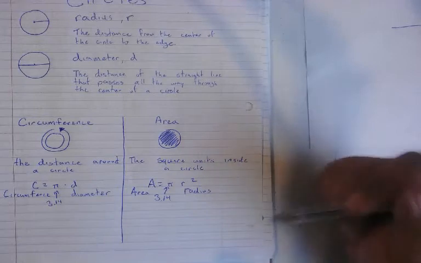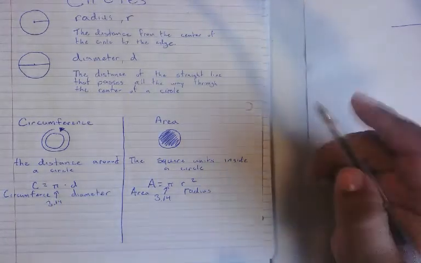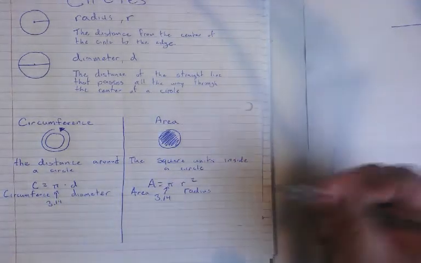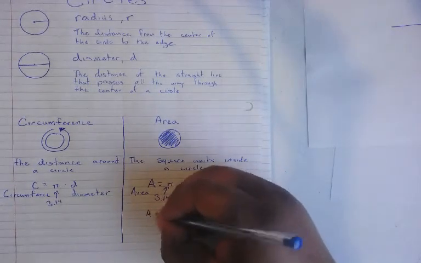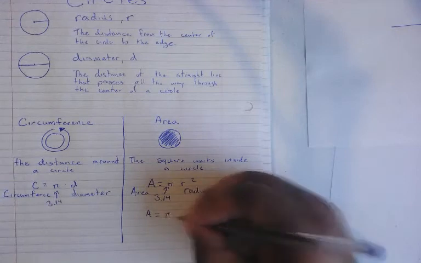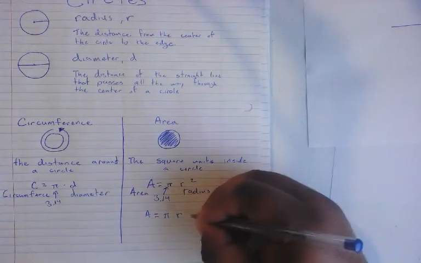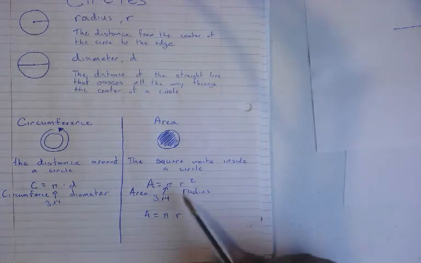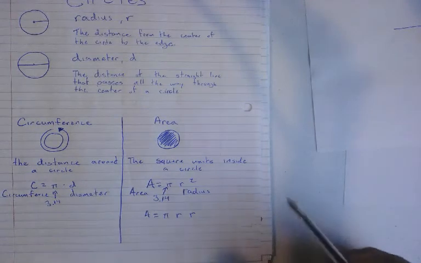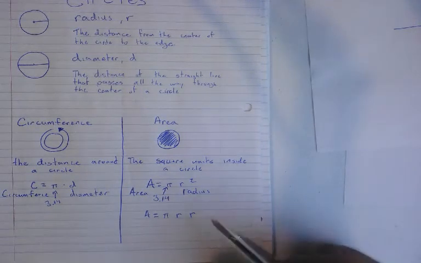That's radius times radius. So we're multiplying that radius 2 times. So I like to sometimes rewrite my formula as area equals pi times the radius times the radius again. You see, I got that letter r 2 times. So the square is r times r. I'm multiplying that same radius number 2 times.